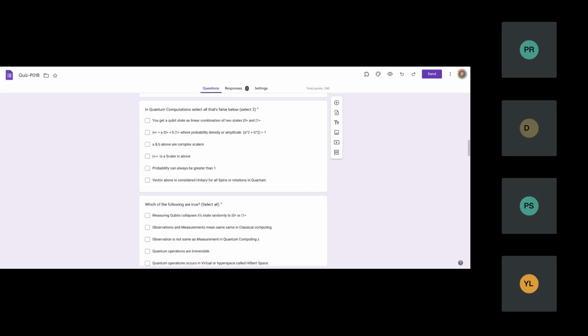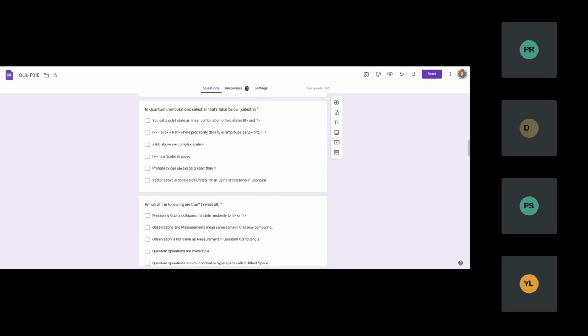Fourth one, ket psi is a scalar in the above. False. I selected that one. Let's say there is one more to select. Probability can always be greater than one. False.